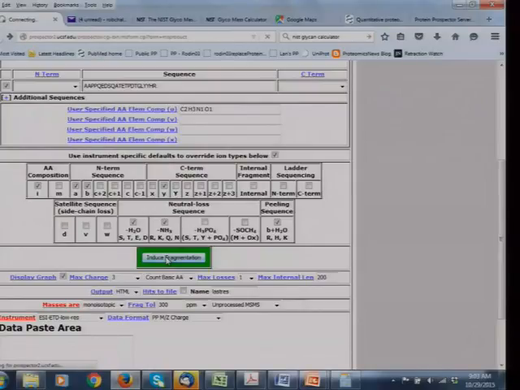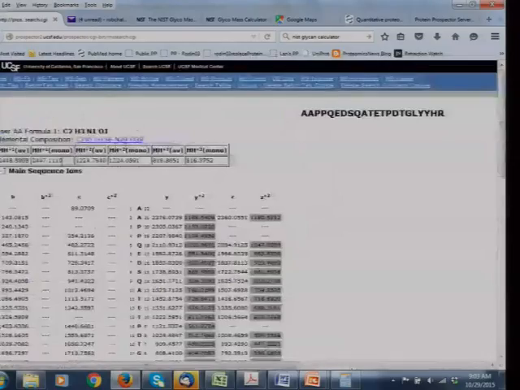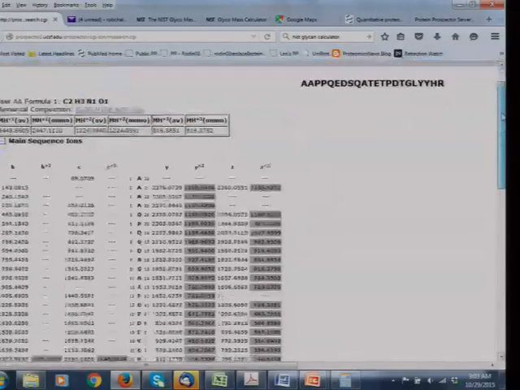So this is going to tell us the fragments. I haven't put the modification anywhere. So this is going to tell us the fragments you would expect if it was unmodified.